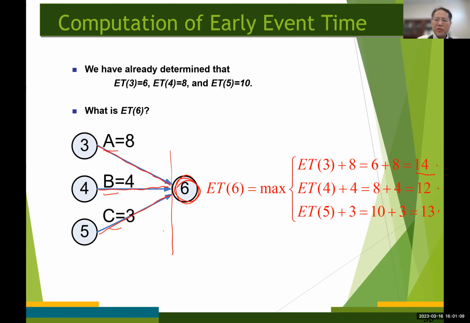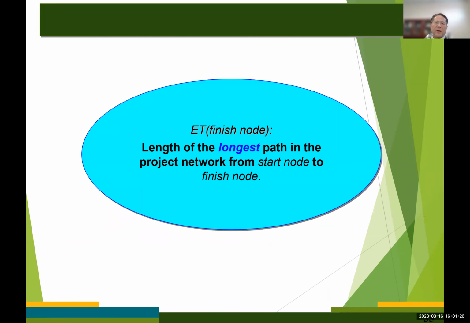So that's why we have to take the maximum value among these three. That's going to be 14 in this case. So it's clear that the earliest time for the final node is the length of the longest path in the project network from the start node to the finish node.